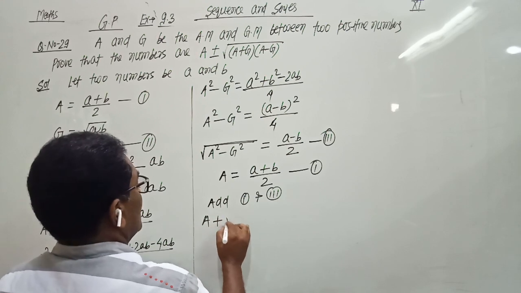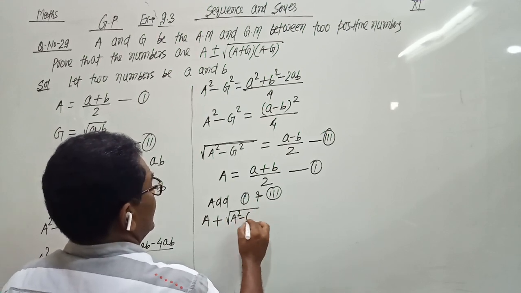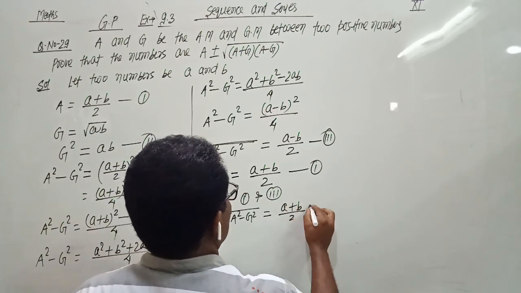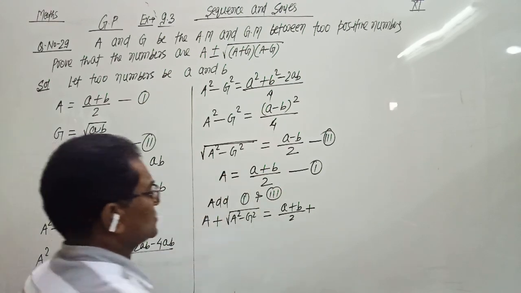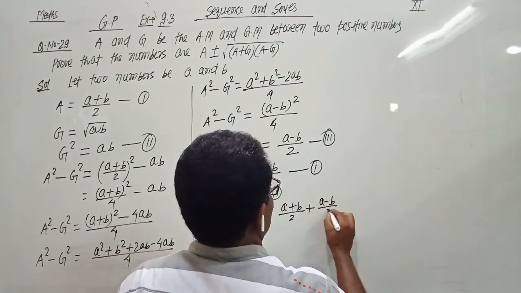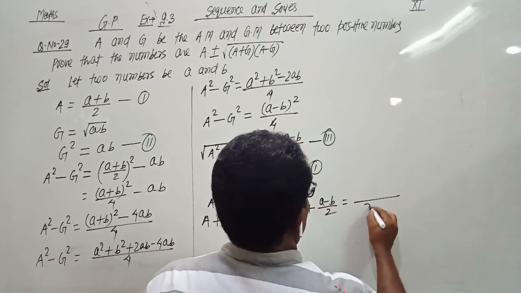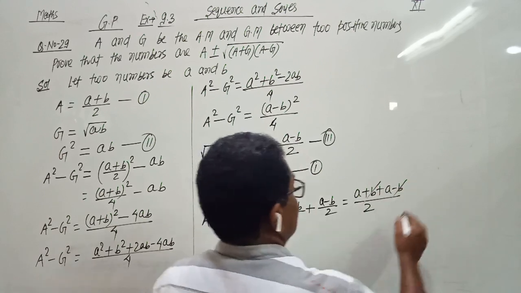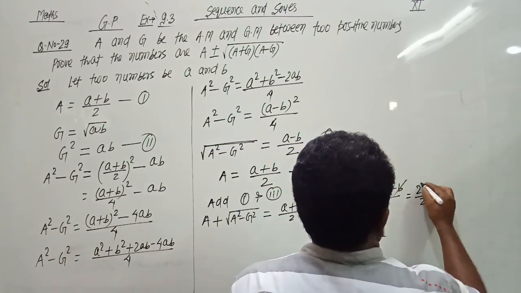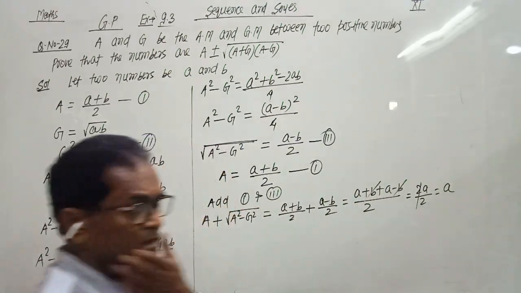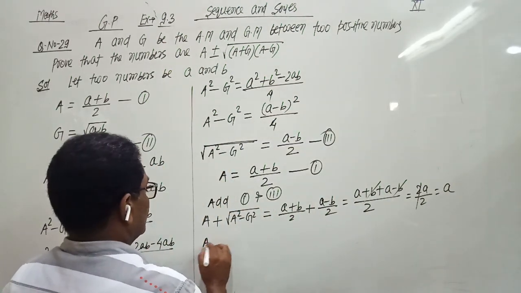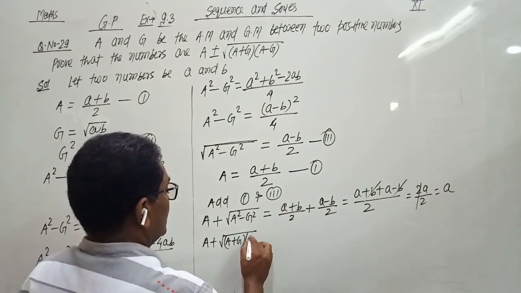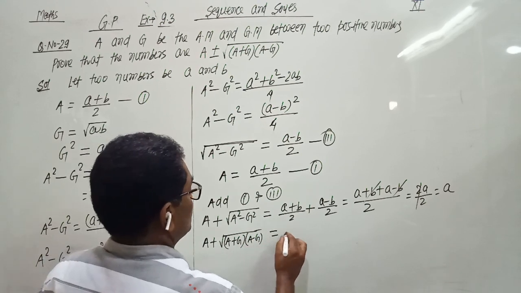So A plus under root of A square minus G square: the value of A is a plus b by 2 plus the value of root A square minus G square, a minus b by 2. By taking LCM, we get a plus b plus a minus b, b cancelled, a plus a is 2a by 2, we get a. And A plus root over A plus G into A minus G equals a.